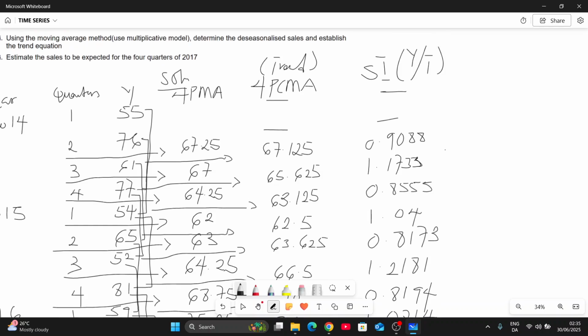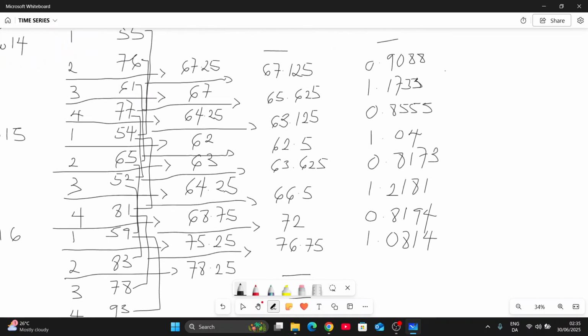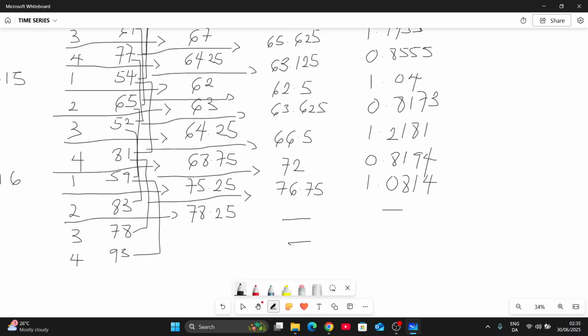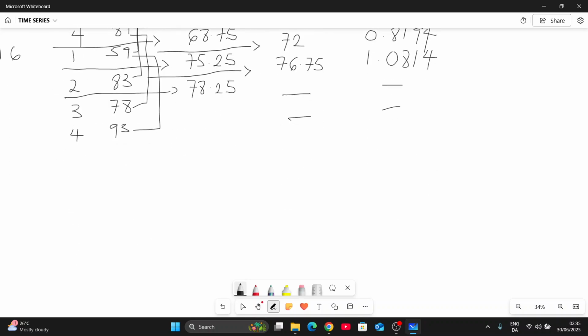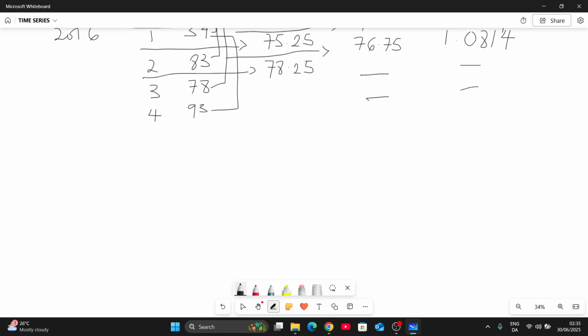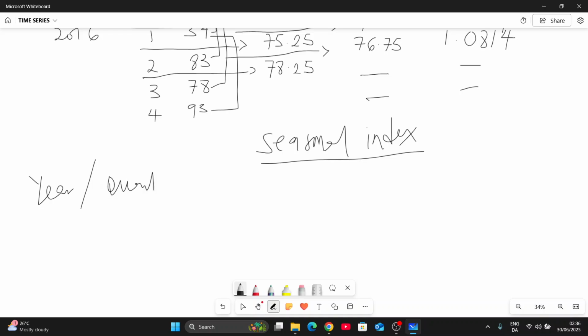Okay, so after finding the seasonal index, we need to find the averages of the seasonal index. So we have the seasonal index here, with the years and the quarters.